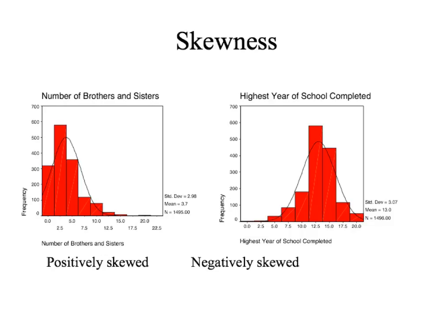You can end up with something that's positively skewed or something that is negatively skewed. And so you can see here two examples. The first one, number of brothers and sisters, you can see that it's positively skewed. You have a few people up here who have 20 or more siblings. Most of the respondents have 0 to 2 siblings. But there are a few people up here that are pulling that up.